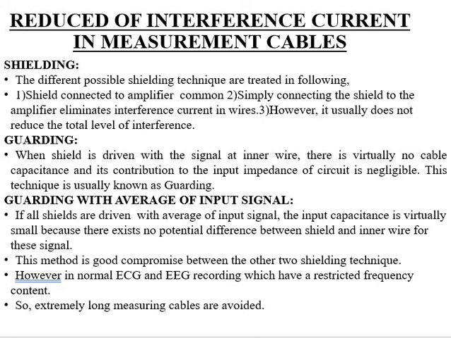Here the shield connected to the amplifier is to be common, and it eliminates the interference current in the wires. However, it does not reduce the total level of interference. Then we go to guarding. Guarding is also a shielding, where the shield is driven with a signal at the inner wire.